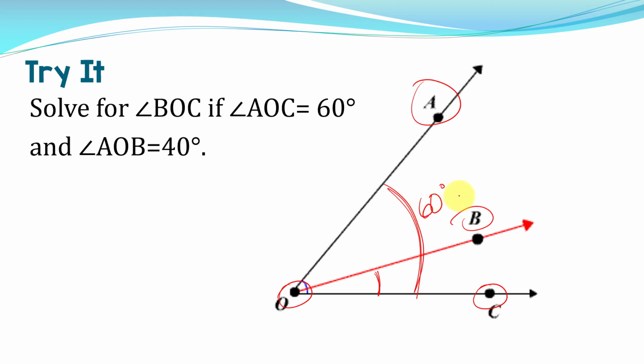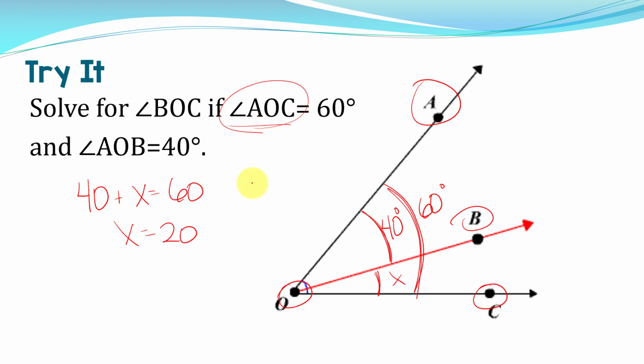So all of it is 60. And AOB, so A to O to B, that's going to be 40 degrees. All right, well, you probably don't need an equation for this, but just in case, we'll call this angle X. So 40 plus X would equal the total, and X would equal 20. So you just need to be able to look at this and find what angle that is talking about.